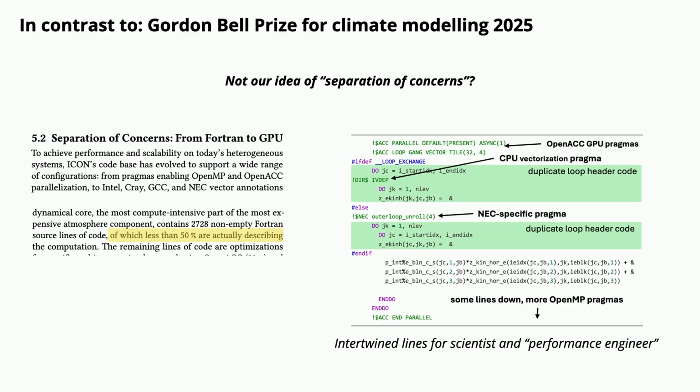GPU statements in there. They really took this approach: there's an old school Fortran model, there's a loop, and I'm basically peppering around lines of code to tell the GPU compiler what to do with this line of code. I think it's a massive disadvantage that you suddenly have intertwined lines responsible for the scientist writing the actual algorithm and what they call the performance engineer.